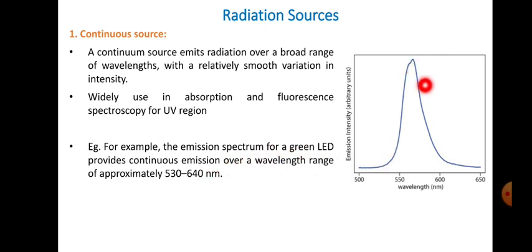So this is a continuum source of wavelength, relatively broad in nature. We should keep in mind that a continuum source of light emits the radiation over a broad range of wavelength. That is the first type of radiation source, which we refer to as a continuous source.